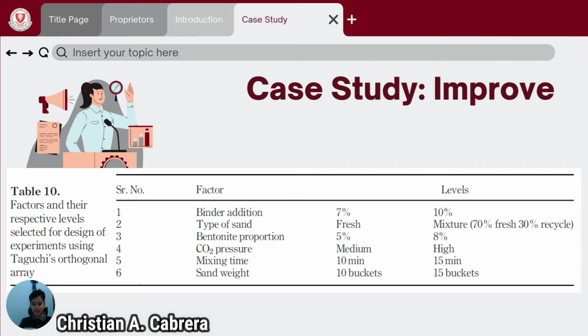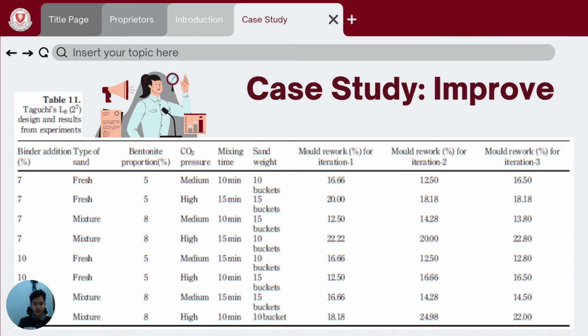The factors and their respective levels are clearly presented using the Taguchi orthogonal array. In the Taguchi orthogonal array, the pilot project team decided to perform an L8 orthogonal array using the Minitab statistical software experiment, which clearly shows the result treated as a response to the experiment, which is the degree of variation when uncontrolled noise factors are present in this system.